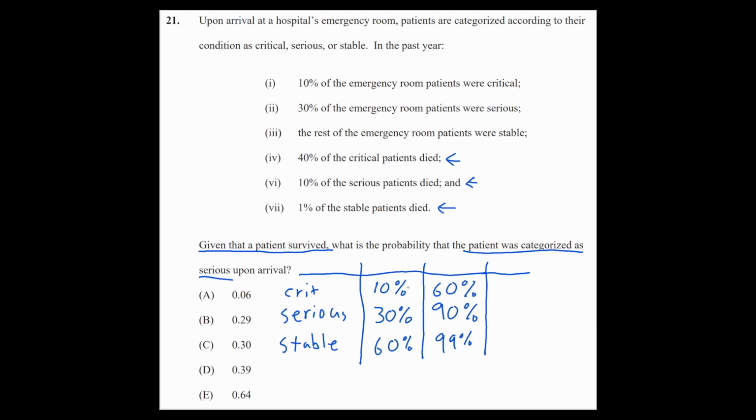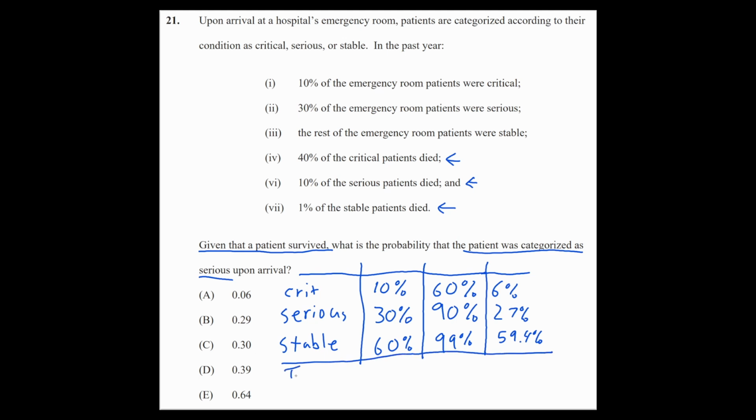So it's going to be 10% multiplied by 60%, which is going to be 6%. And 30% times 90% is 27%. And 60% times 99% is going to be 59.4%.